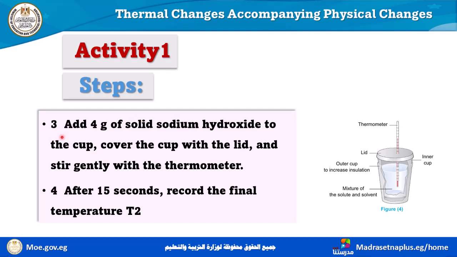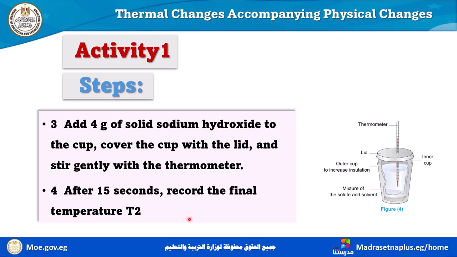The third step, add 4 grams of sodium hydroxide to the cup, cover the cup with the lid, and stir gently using the thermometer. After 15 seconds, record the final temperature T2.